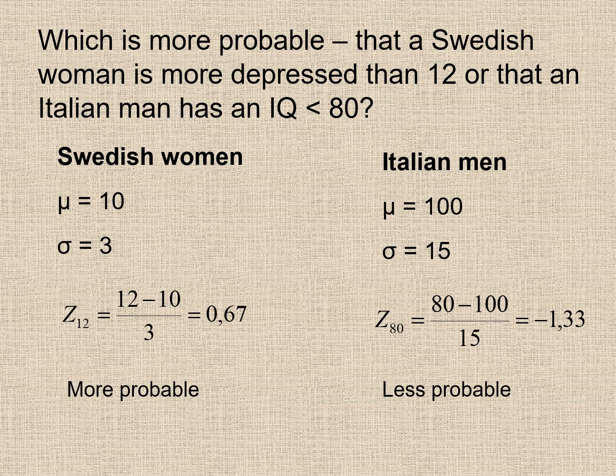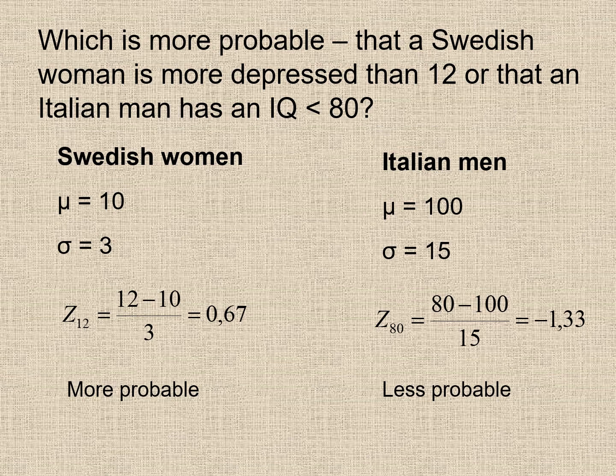So in order for an Italian man to have an IQ less than 80, he has to have a value on IQ that is more than 1.3 standard deviations below the population mean.